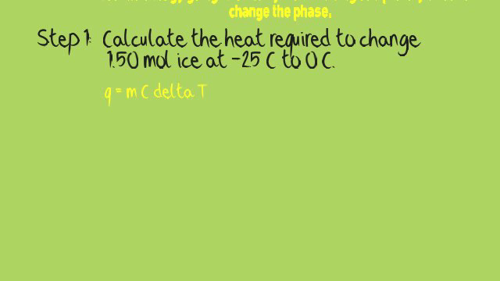The equation is Q equals mc delta T. Remember, Q is always an energy, so it's going to be joules or kilojoules. M is mass times specific heat, that's C, times the change in temperature.